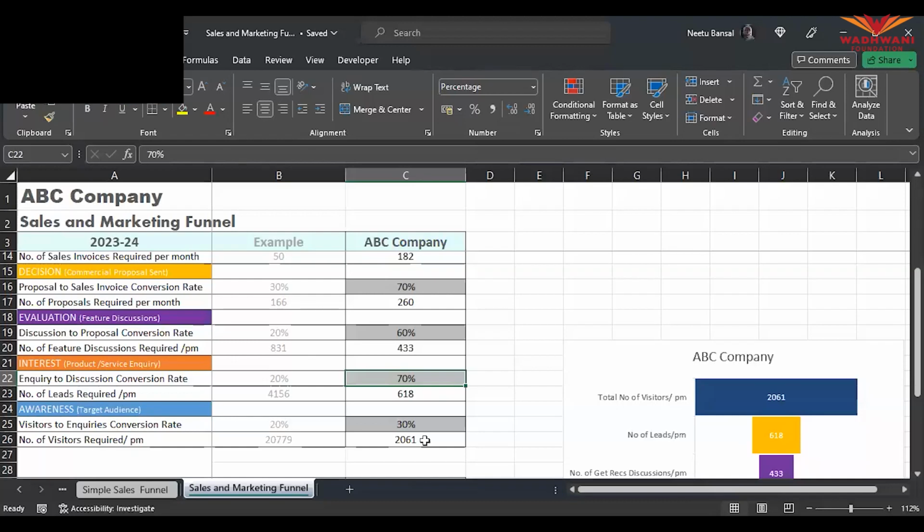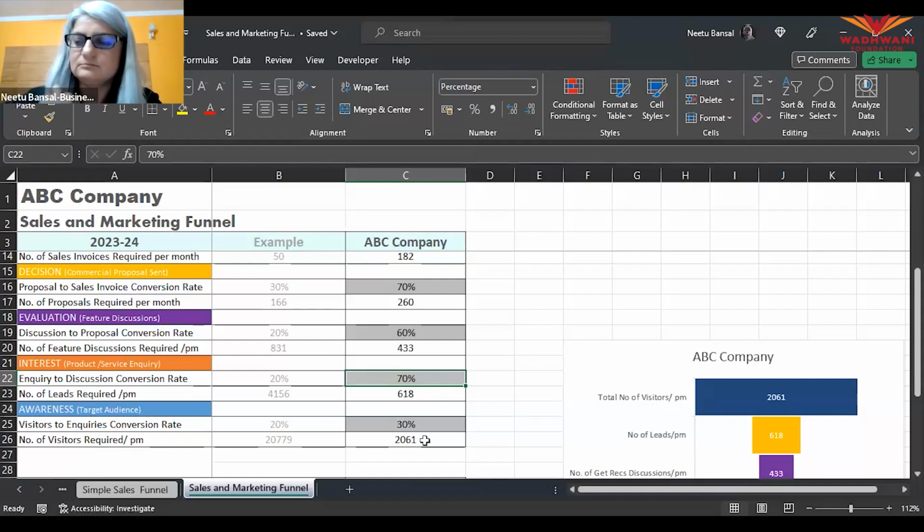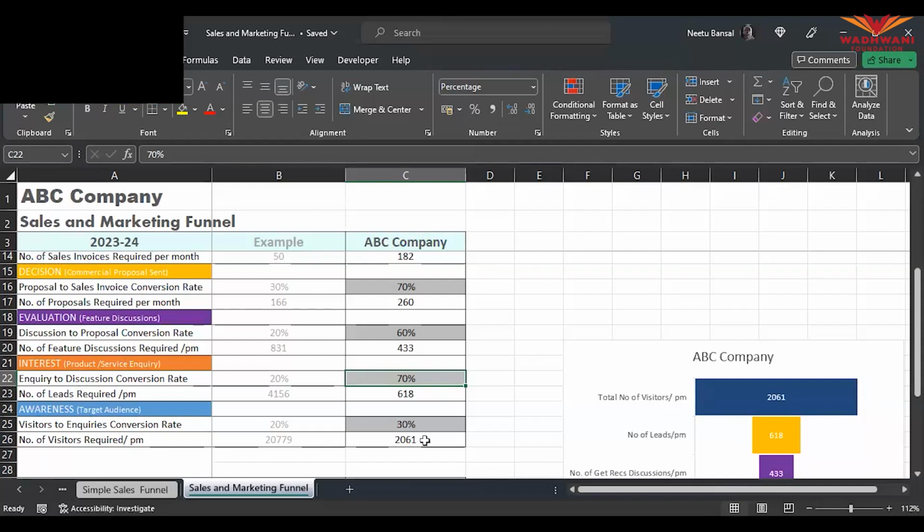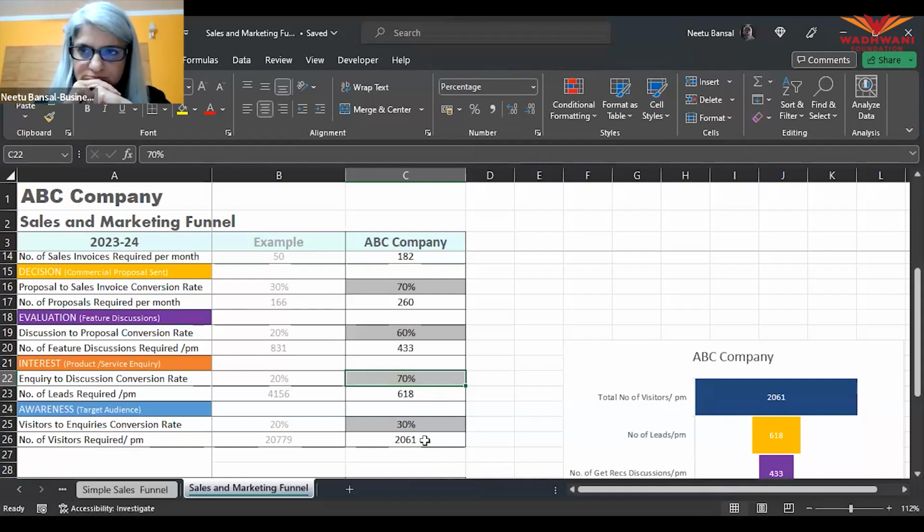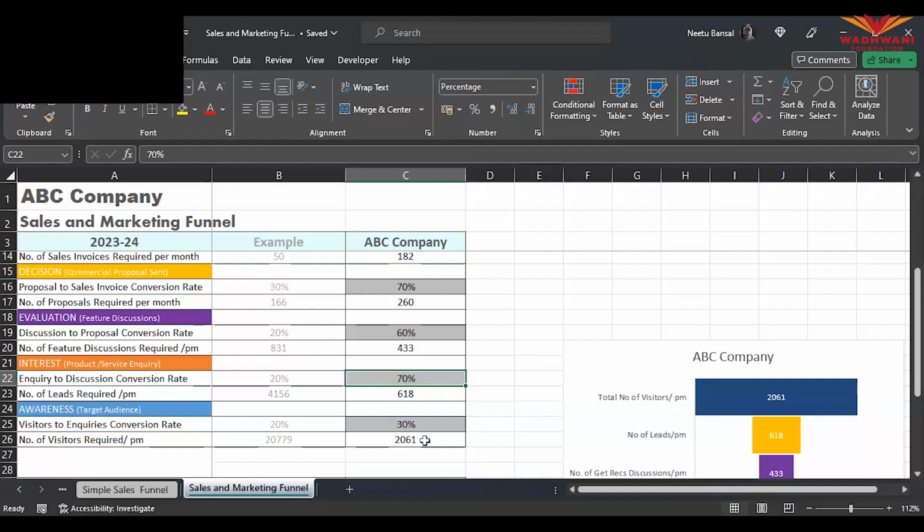Ma'am, one more thing I wanted to ask: when we are doing a marketing pitch and going into the market, say I have invested around 10 to 20 lakh on marketing, and reaching 10 lakh people is costing me 2 rupees per person. So 20 lakh I have burnt on this.